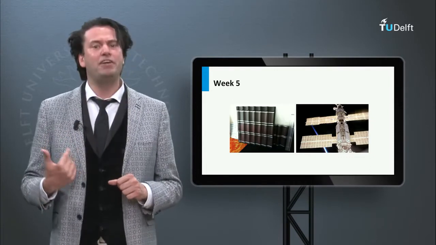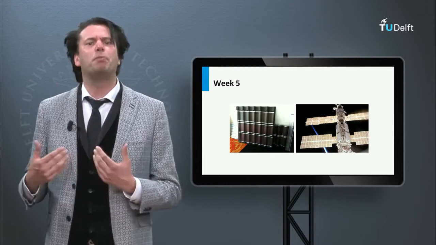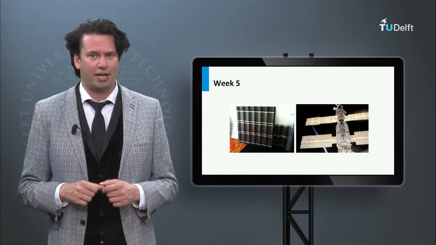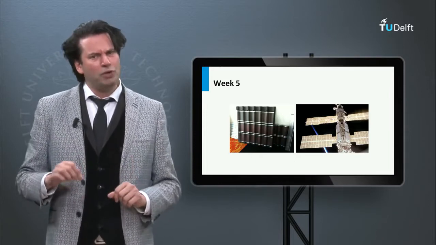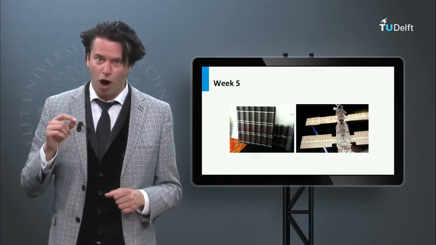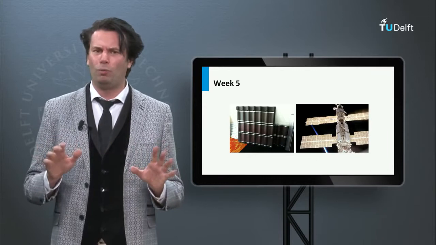Thin film PV technology uses less materials and is produced by cheaper processing methods to further reduce the cost price of solar energy. In addition, we discuss the concentrator multi-junction solar cells, which have up to date the highest conversion efficiencies among all PV technologies.